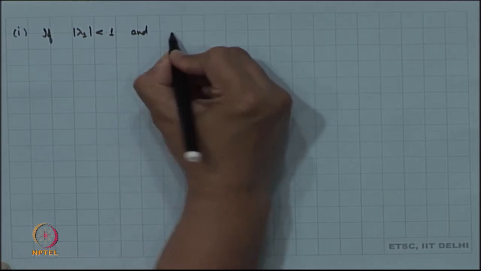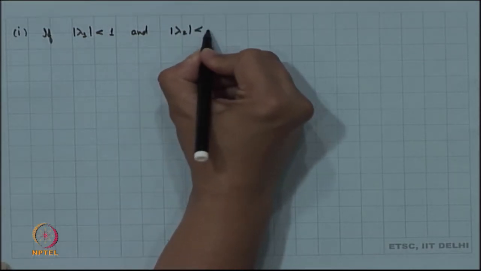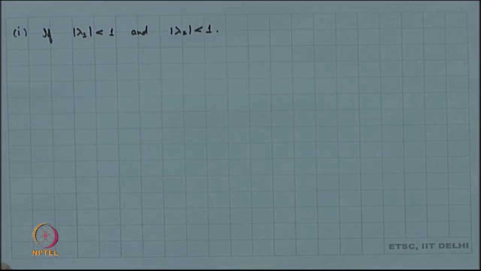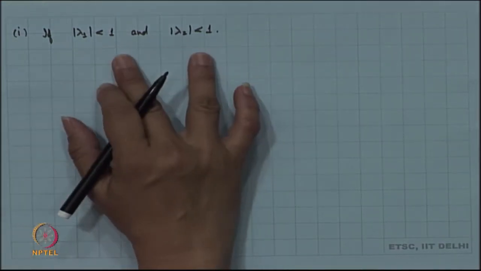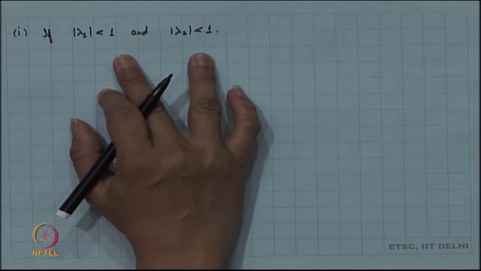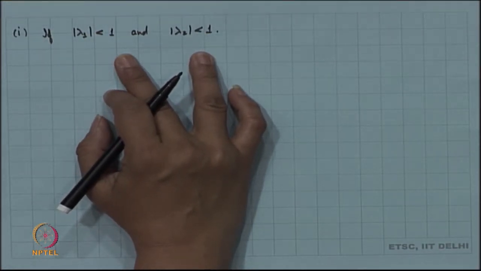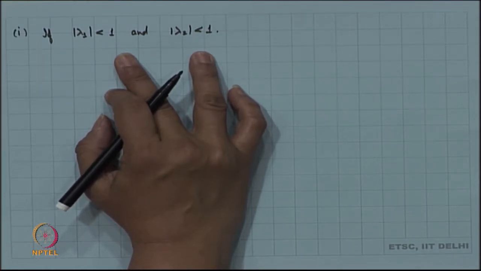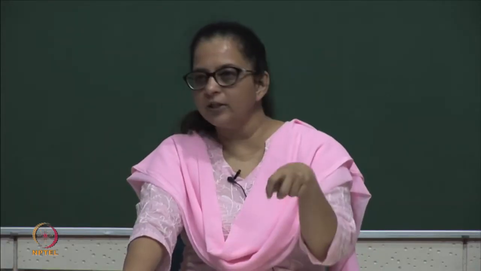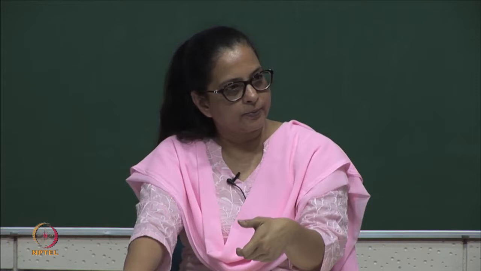is less than 1 and mod of lambda 2 is also less than 1. We are looking into this particular sub case. Now, if this happens, what it means is that we know every vector can be written as a linear combination of eigenvectors, and because of that it is the action on eigenvectors that determines the action on every point.